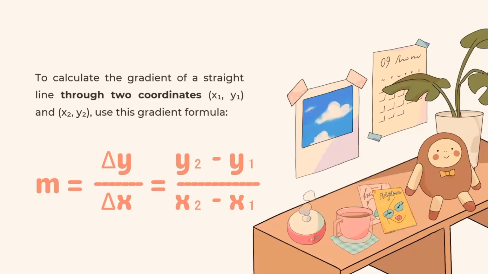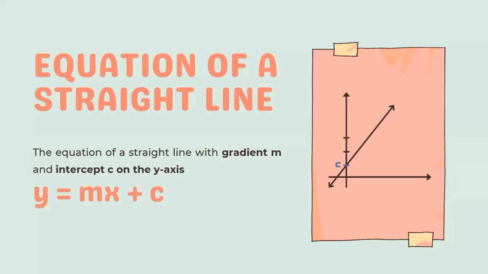To calculate the gradient of a straight line through two coordinates, x1, y1, and x2, y2, use this gradient formula: m is equal to delta y over delta x. Delta y denotes the change in the value of y, and so is delta x. So m is equal to y2 minus y1 over x2 minus x1. And the gradient is denoted by the letter m.